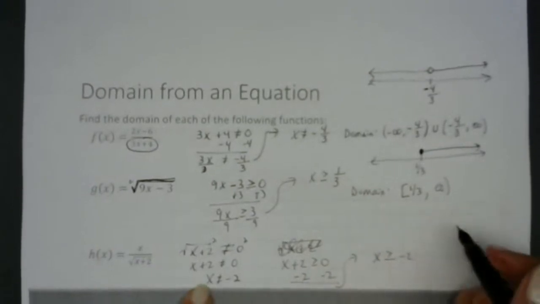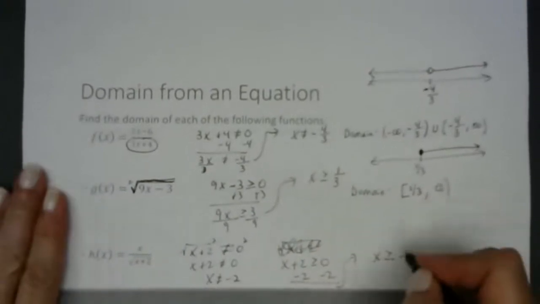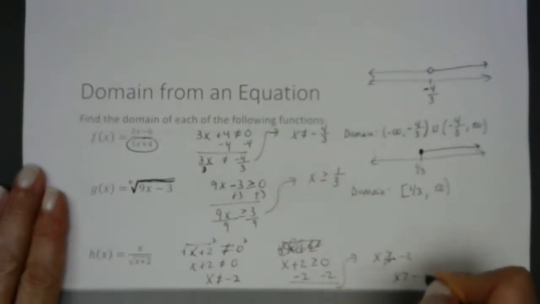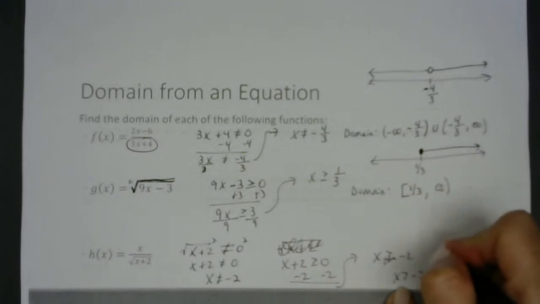Well, since it can't equal -2, it's got to come out. Really, the only thing that can happen here is x has to be greater than -2, since the other restriction applies as well.